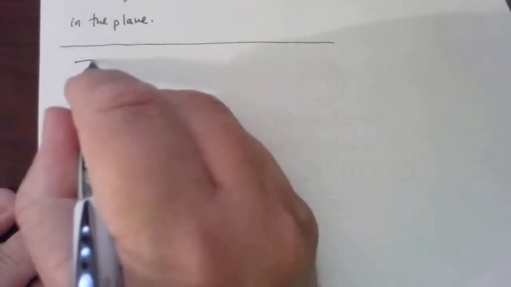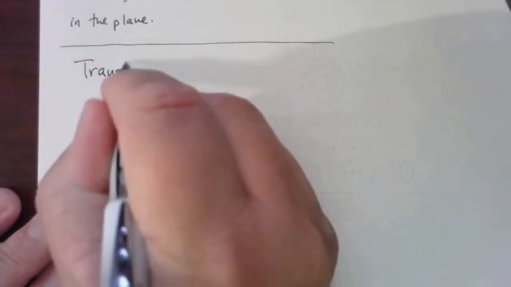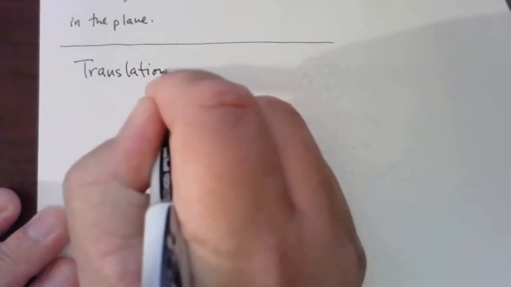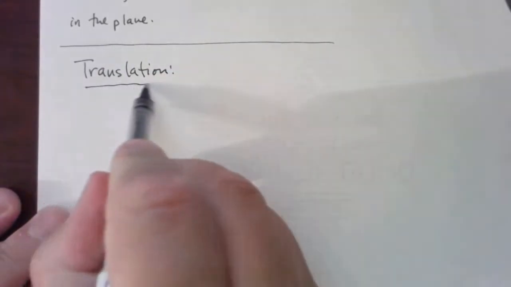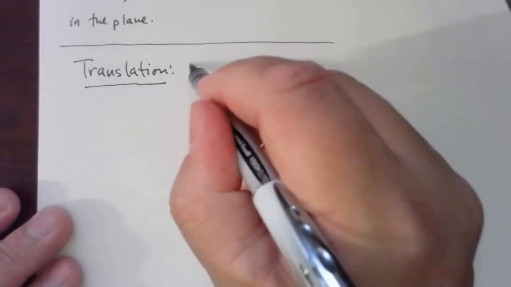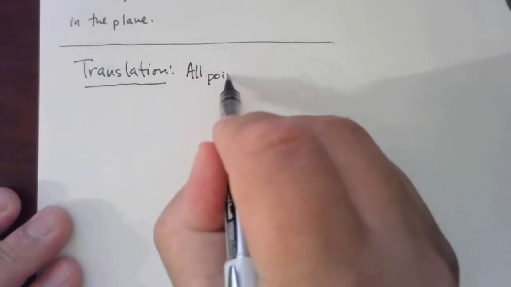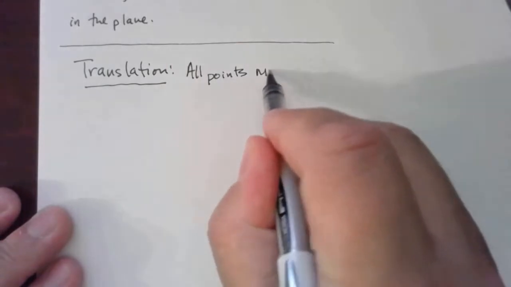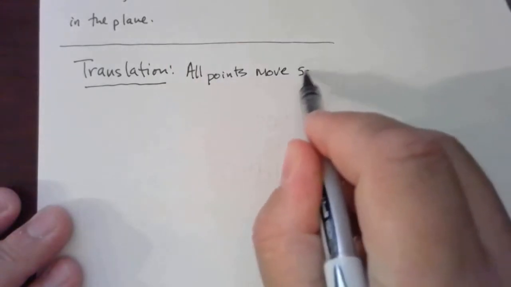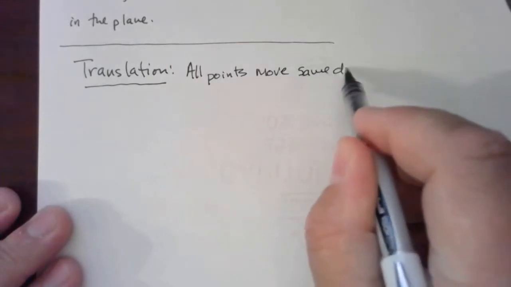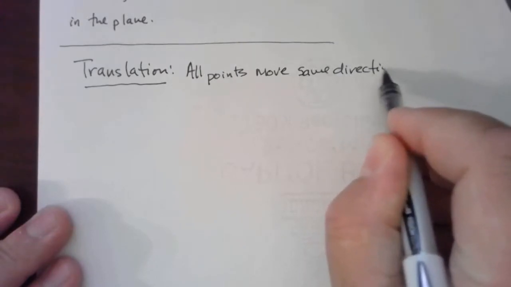So, the first transformation that we're going to study this unit is the simplest one. It's called a translation. The translation is when all the points in the plane move the same distance and they move the same direction.